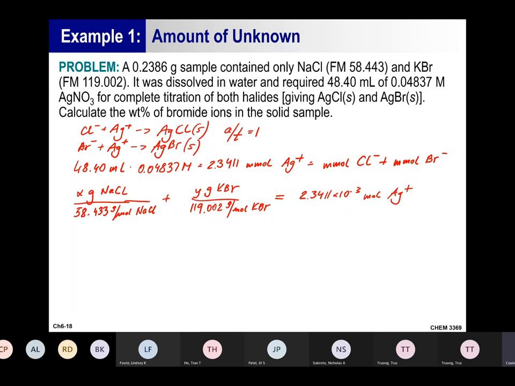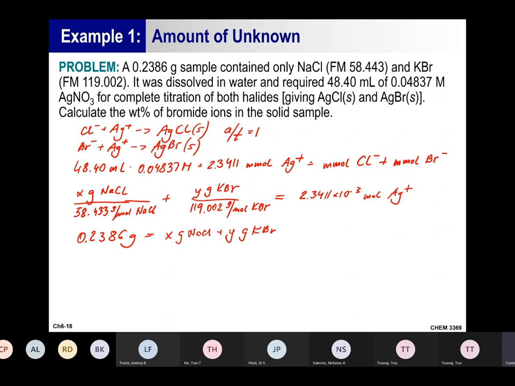But we know the mass of our sample. The mass of our sample was 0.2386 grams, right? And the problem says that the sample contained only NaCl and KBr. So 0.2386 has to be equal to X grams of NaCl plus Y grams of KBr, okay?